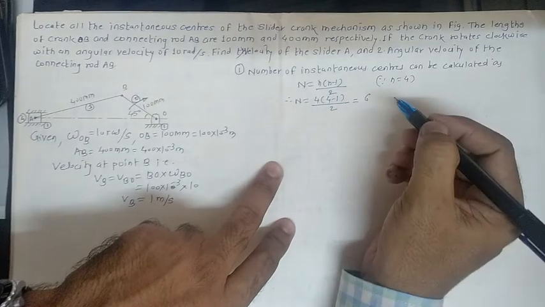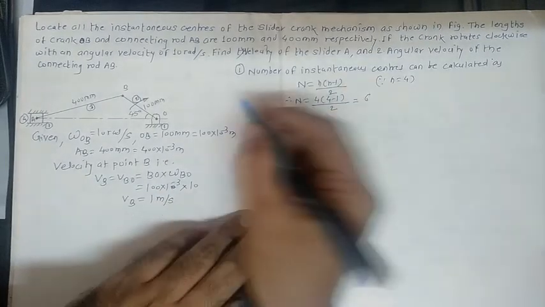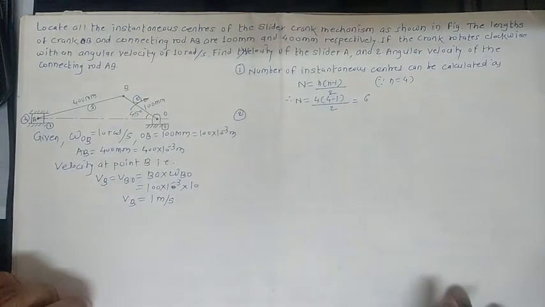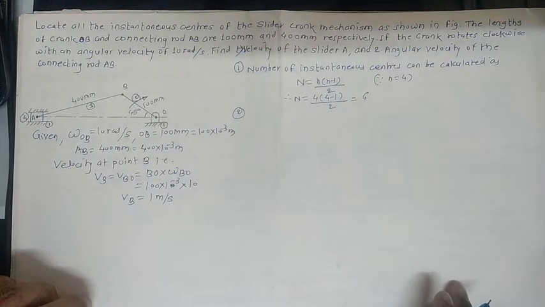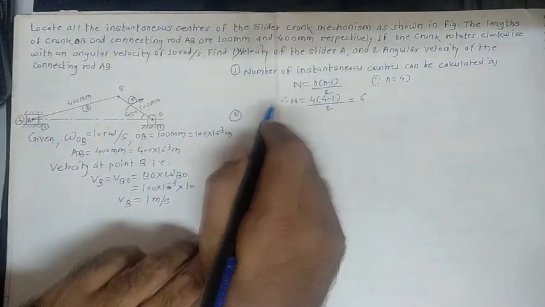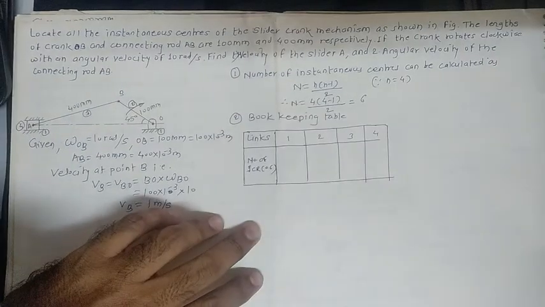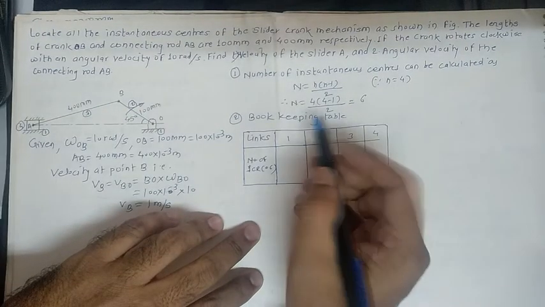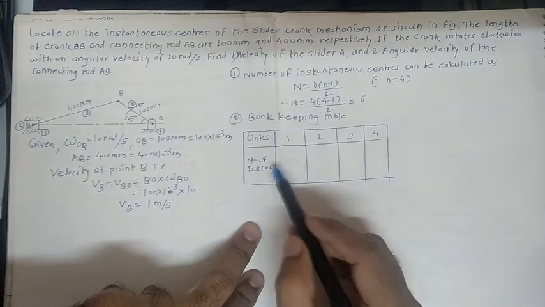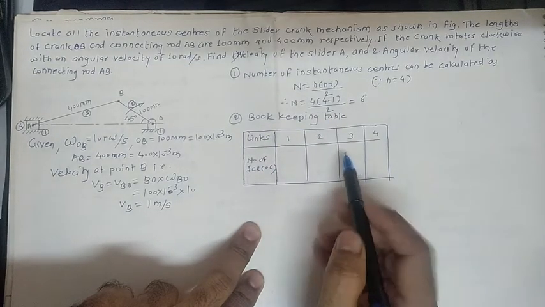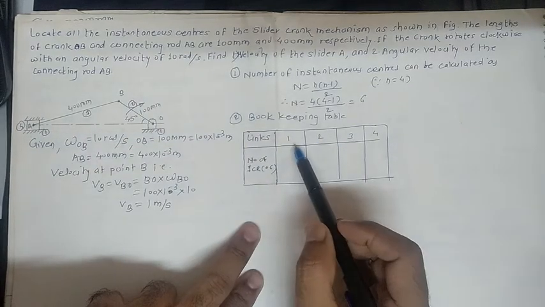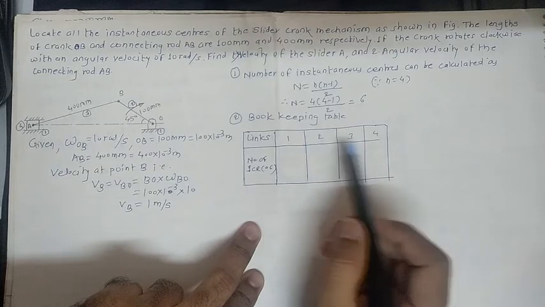Once we get the number of instantaneous centers, the next task is to prepare the table. The table will give us information regarding the name of each particular instantaneous center. The name for this one is the bookkeeping table, which gives us a record of all the instantaneous centers. The total number of links is 4, so 4 columns are prepared, 1 2 3 4.